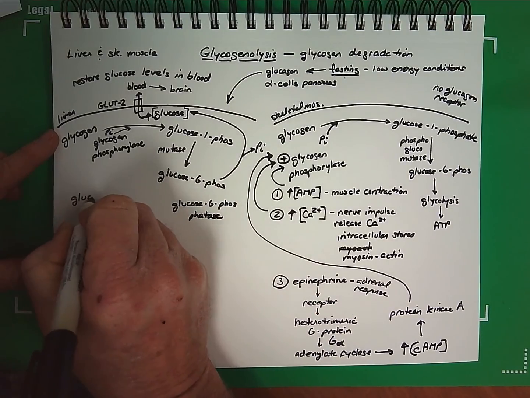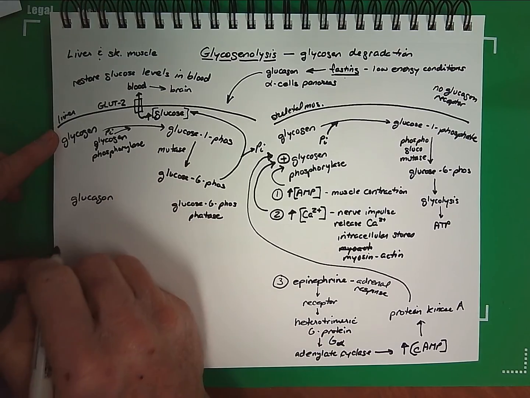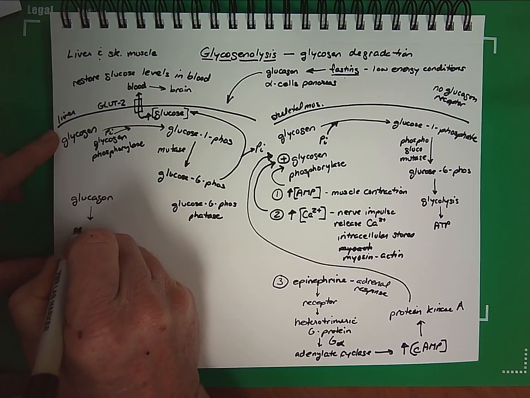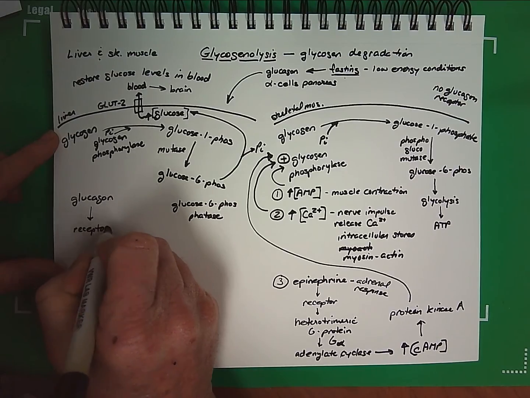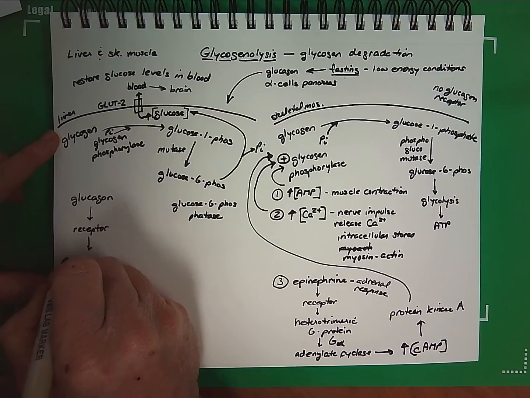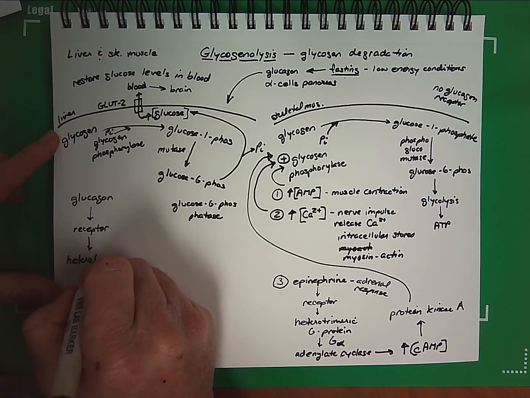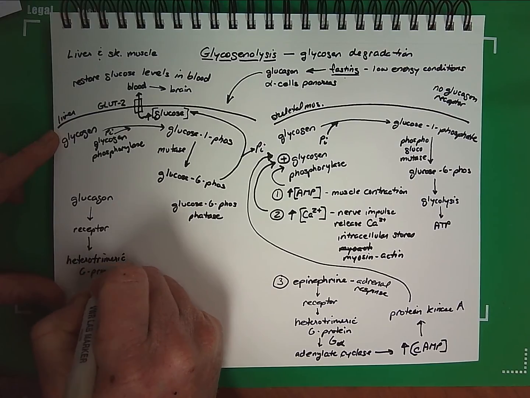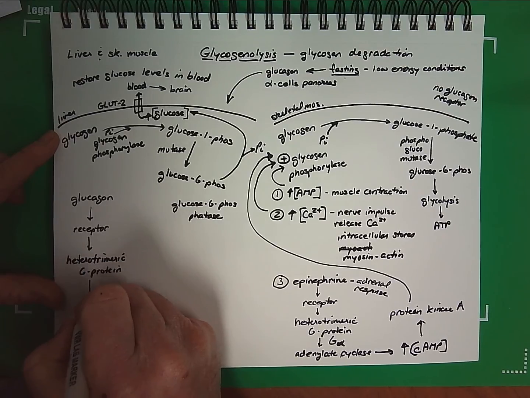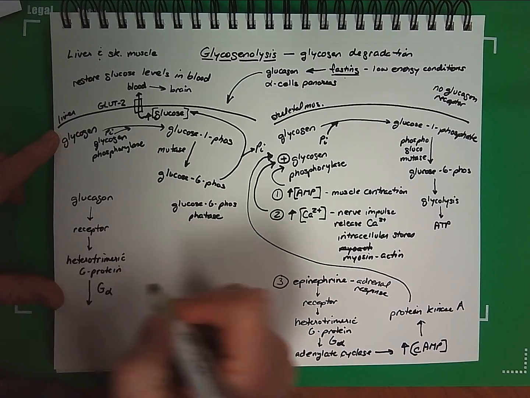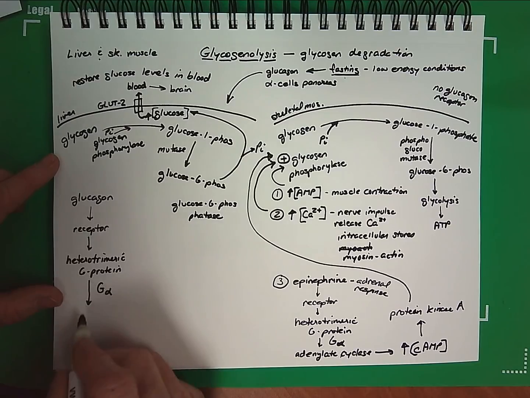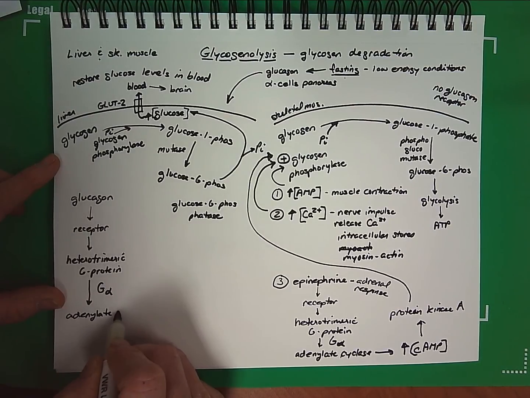So recall the signaling is very similar to epinephrine. Glucagon binds to its receptor. The receptor activates heterotrimeric G protein. Predominantly this is G alpha. The G alpha subunit dissociates from the beta and gamma. The G alpha subunit then activates adenylate cyclase.